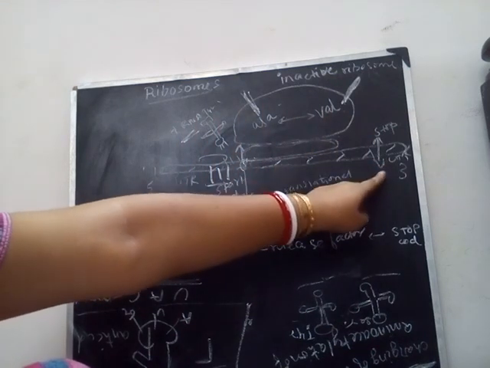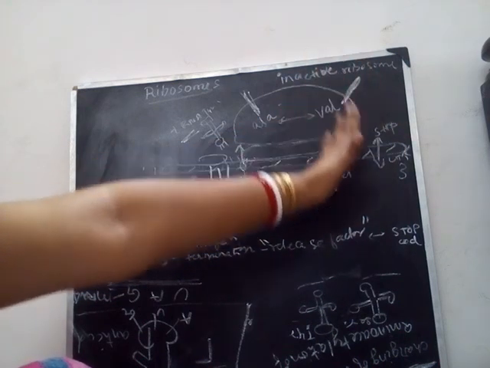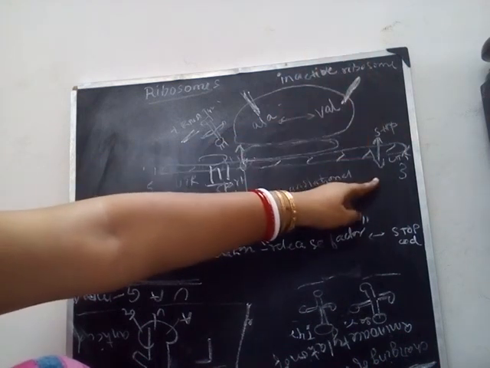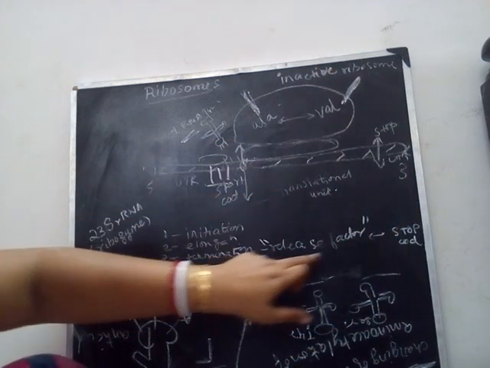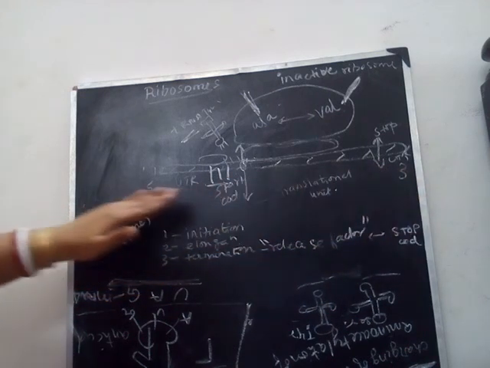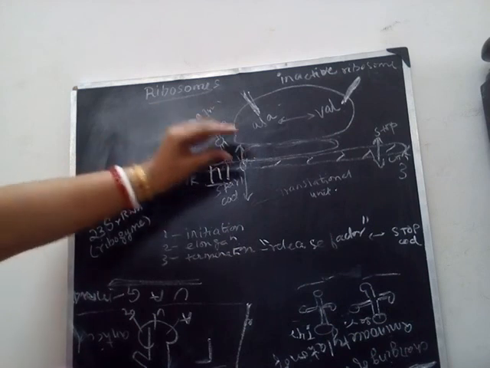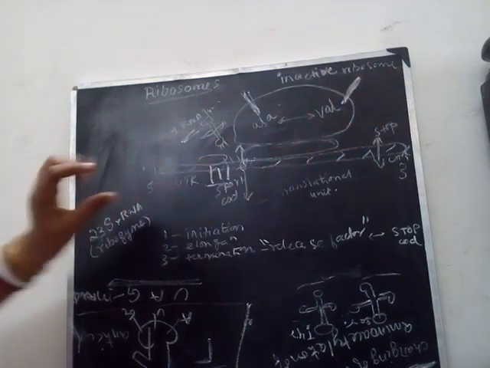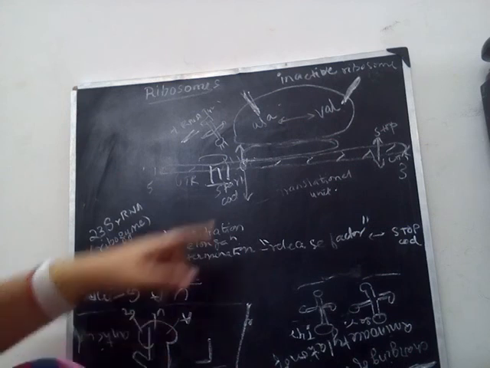Once it comes to the stop codon, what happens? There will be no tRNA for the stop codon, as it is a nonsense codon. No amino acid will be added, so a release factor will come and attach to the stop codon, and the process will stop, and you get amino acid, amino acid, amino acid, a polypeptide chain, that is protein, created.